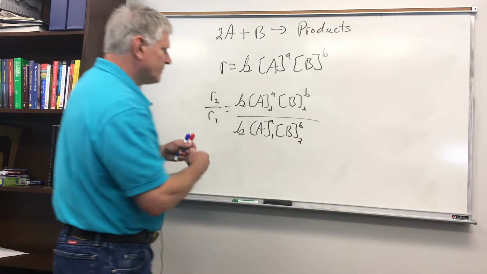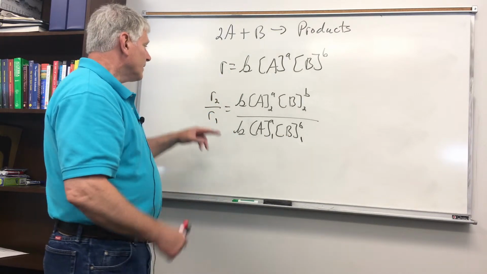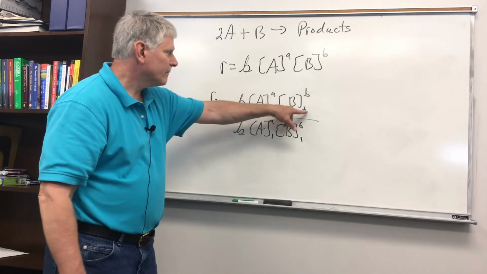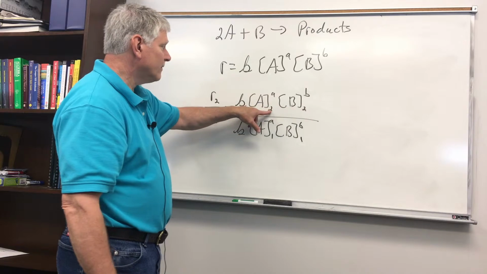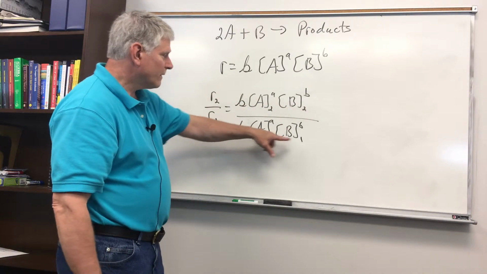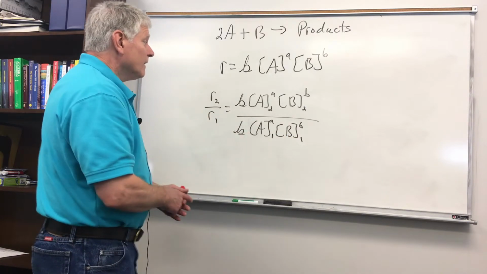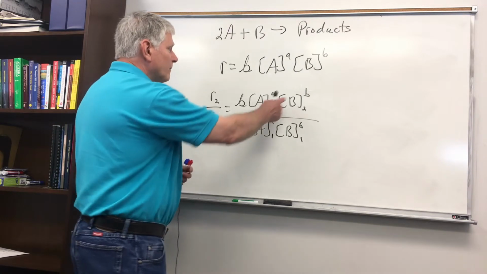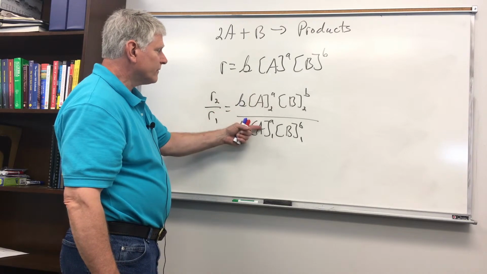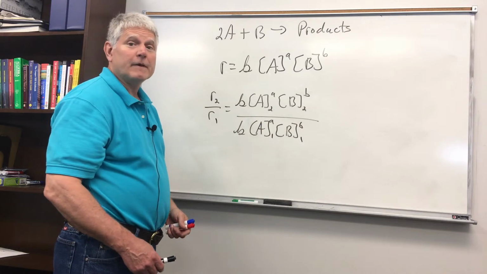So, oops, this is supposed to be a 1. So here we have the rate for experiment 2, which is this. So this subscript means experiment 2. And then we have divided by the rate for experiment 1. So this subscript means the concentrations of A and B in experiment number 1. So between experiment number 1 and 2, we increase the concentration of A, but we keep the concentration of B the same.